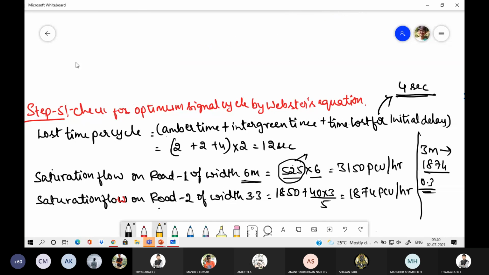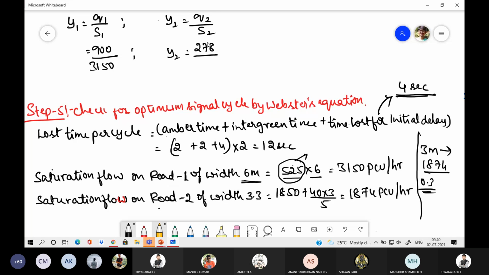Now note down. Y1 is equal to Q1 by S1, and Y2 is equal to Q2 by S2. Q1 is 900, and the saturation flow on road 1 is 3150. Q2 is 278, and the saturation flow is 1874.